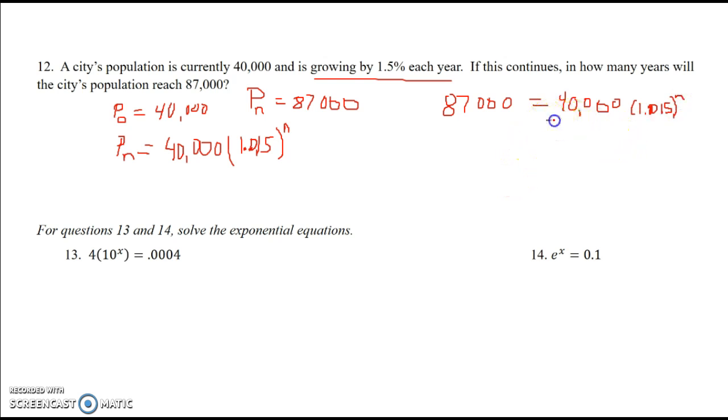So the first thing I'm going to do is I'm going to divide by 40,000 on both sides. So I'm going to get 1.015 to the n is equal to 2.175.